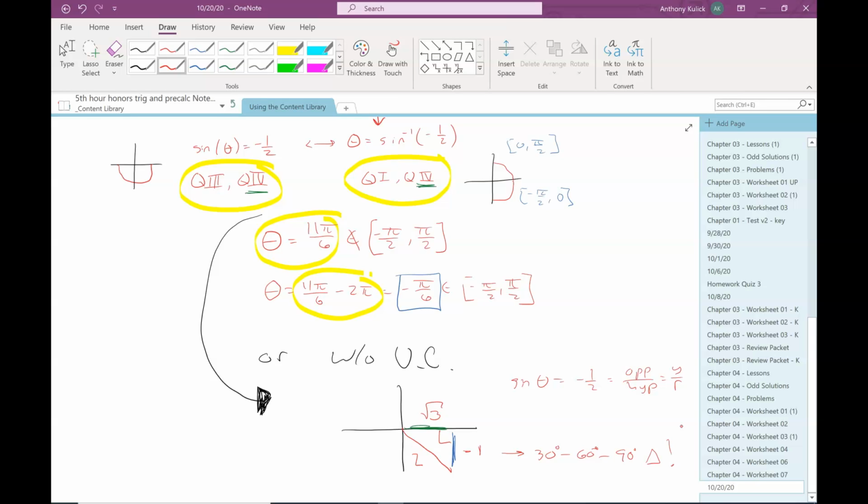By the side lengths, right? Because the side lengths were 1, square root 3, and 2. That tells me immediately that it's a 30, 60, 90 triangle. And specifically that angle there is 30 degrees. Is everybody okay with that?